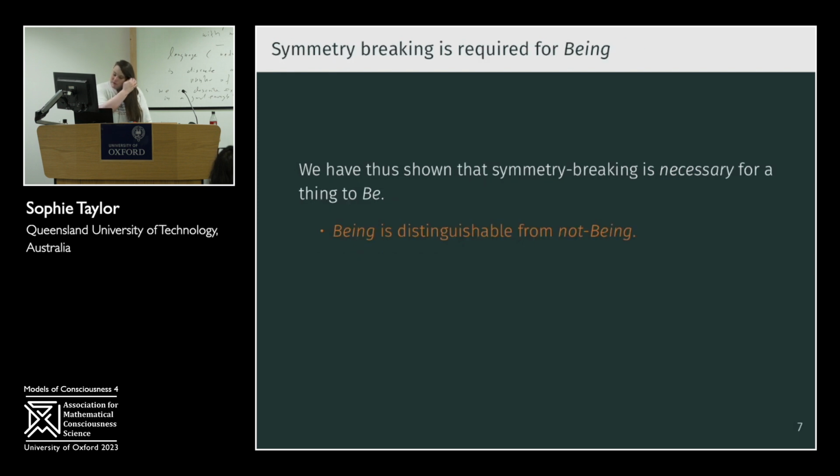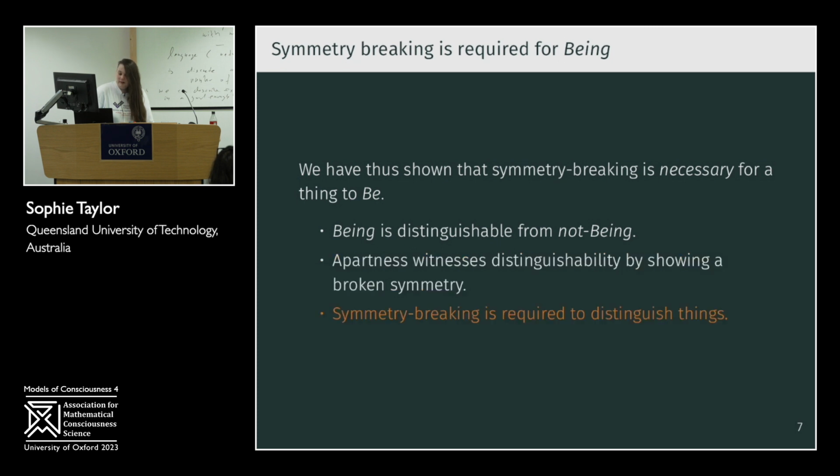So we've shown that symmetry breaking is required for a thing to be, because being is distinguishable from not being. Apartness witnesses distinguishability by showing a broken symmetry, and symmetry breaking is required to distinguish things.